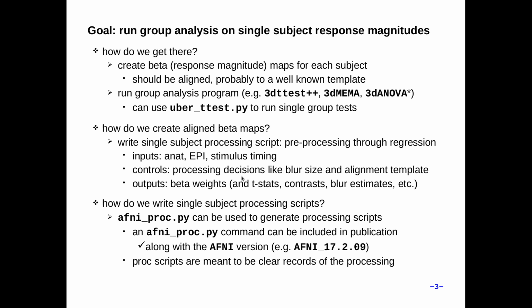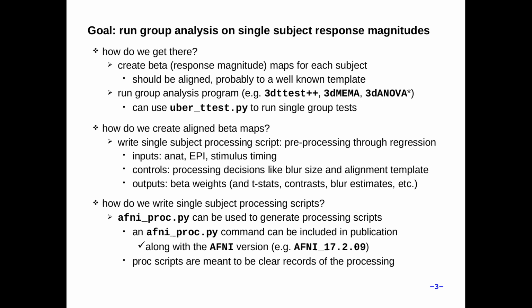So what do we imagine as our goal? You can imagine you're in a new group, you're collecting some data, or you're thinking about collecting some data, and your goal is essentially to run a group analysis on some single subject response magnitudes.